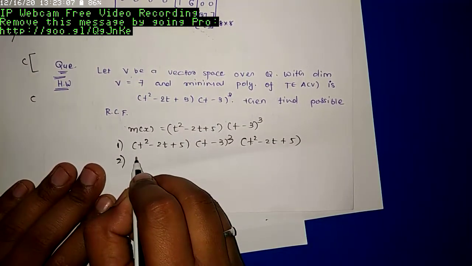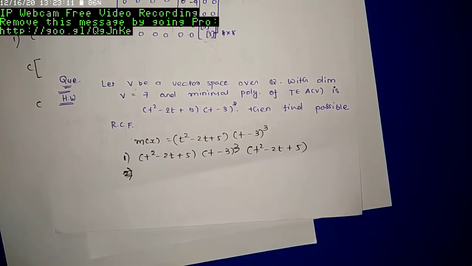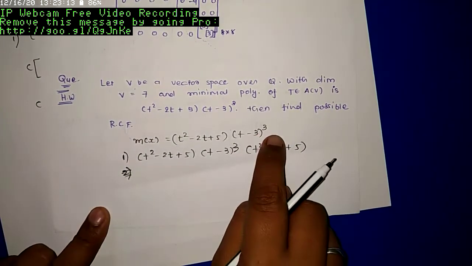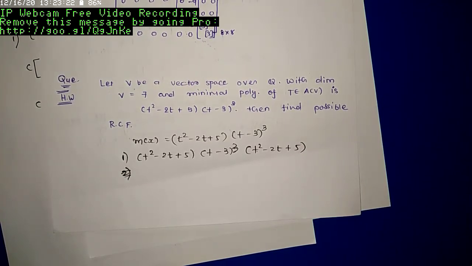Okay, is there any other possibility? Just think over that. Can we multiply this with t minus 3 or t square, t minus 3 square? Just think.